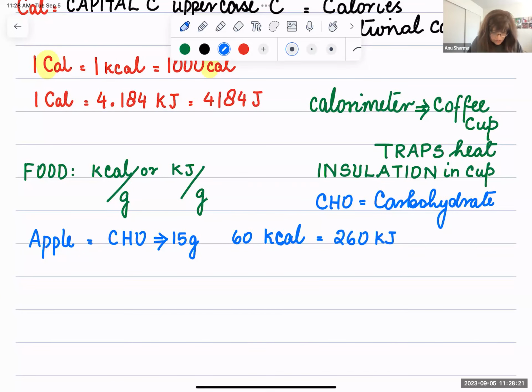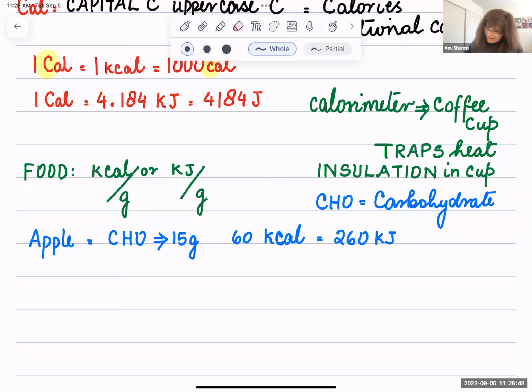Let's look at something more. Potatoes, for example. Potato also has a lot of carbohydrates. Let's make it something else, with less carbohydrate.